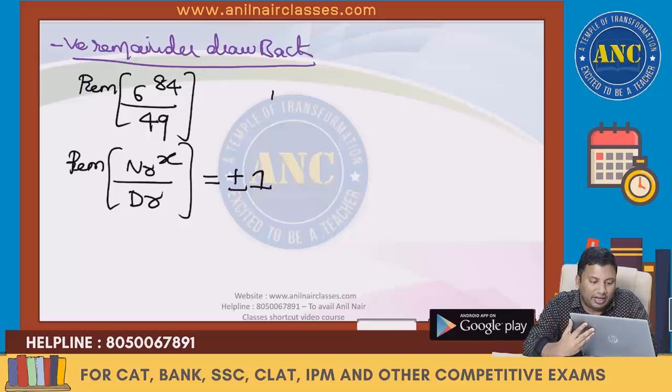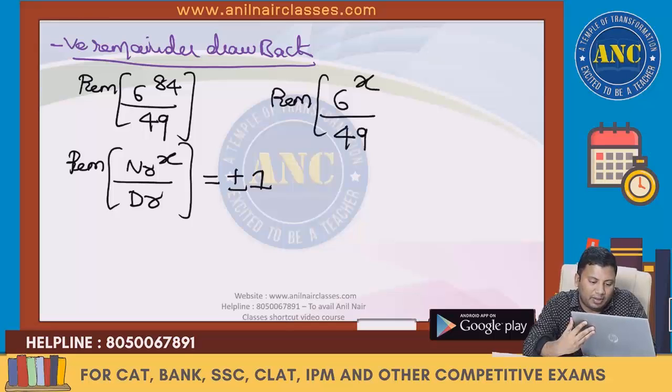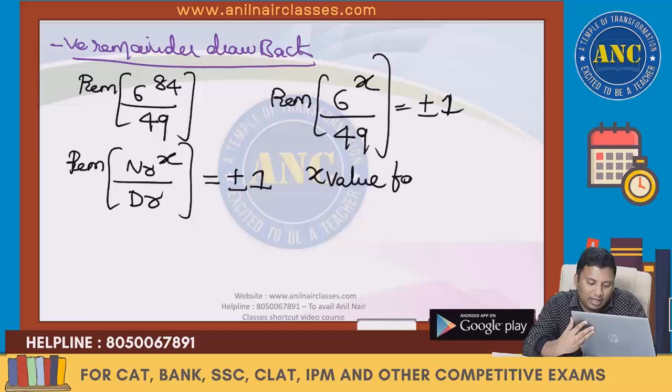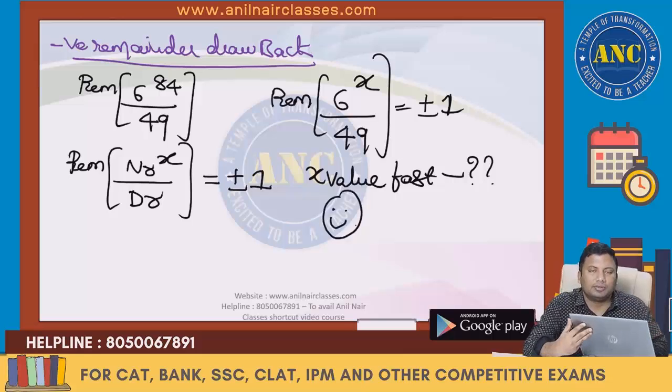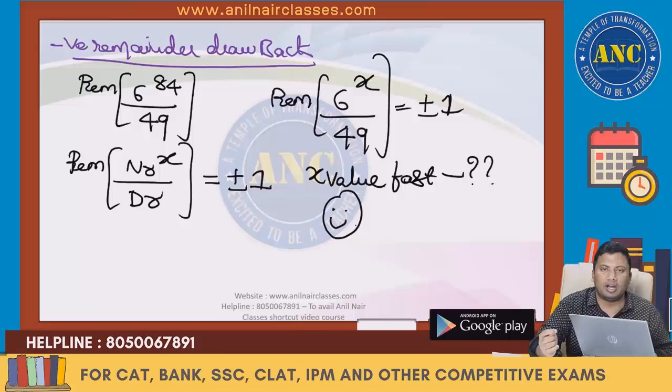So trying to find out which power of 6 when divided by 49 will give you plus 1 or minus 1. How to find out this value of x fast? Finding out which power of 6 when divided by 49 will give you plus 1 or minus 1.